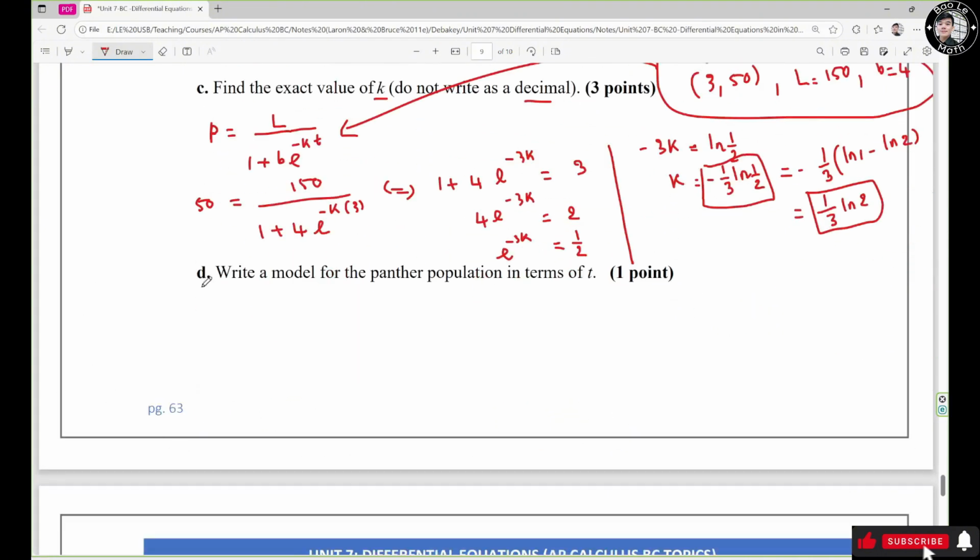Now question D. Write a model for the panda population in terms of t. So we have P of t, substituting back over here, equals 150 over (1 plus 4 times e raised to the negative 1/3 natural log of 2, all multiplied by t).